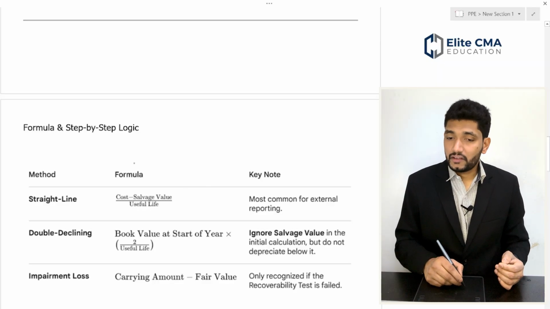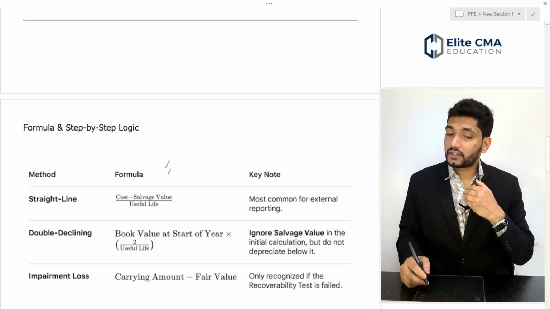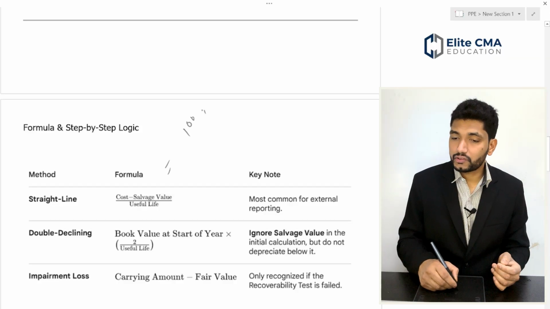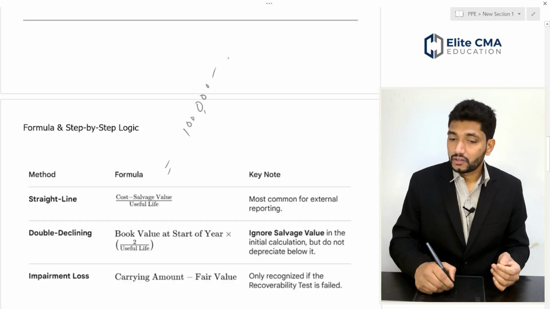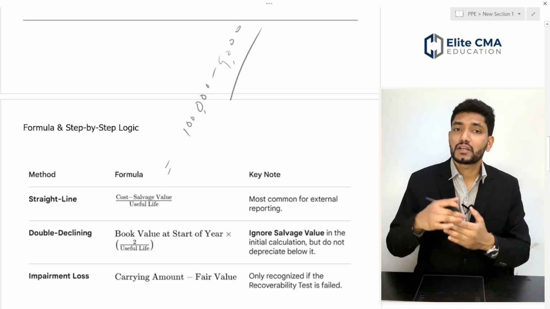So, this is a summary of what we discussed now, starting with the straight line depreciation method. How do you calculate the depreciation value? Suppose 100,000 is your cost, plus you are assuming a salvage value. What is salvage value? Salvage value means the remaining asset value after depreciation.